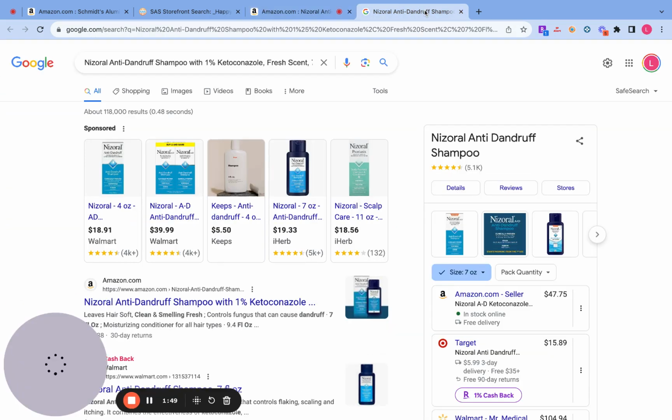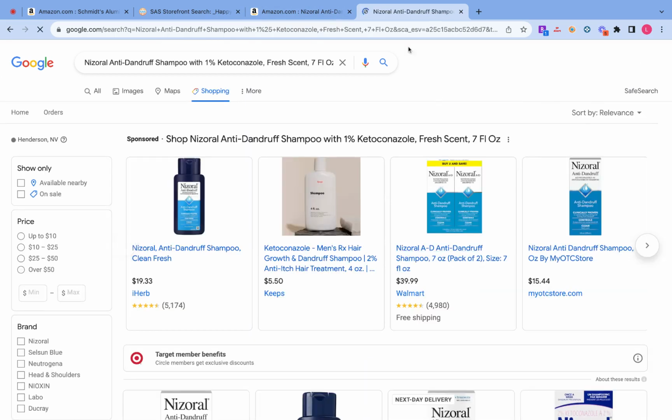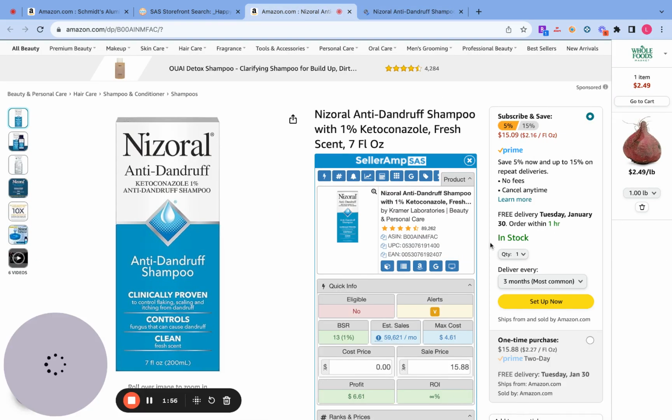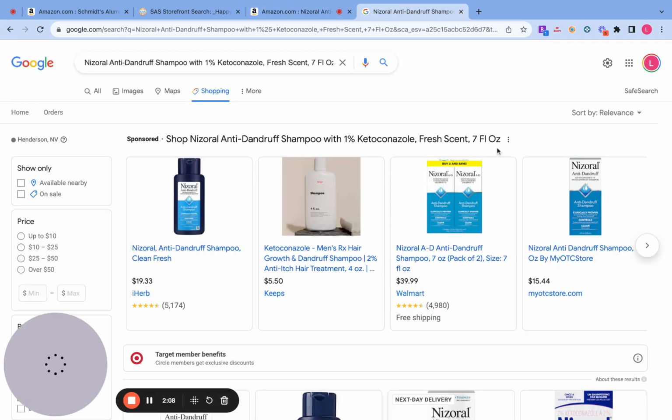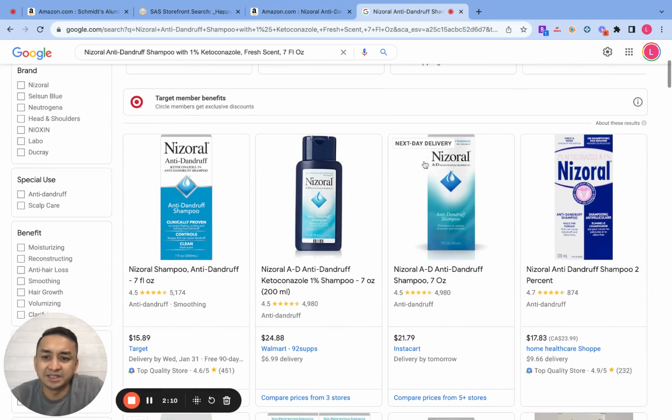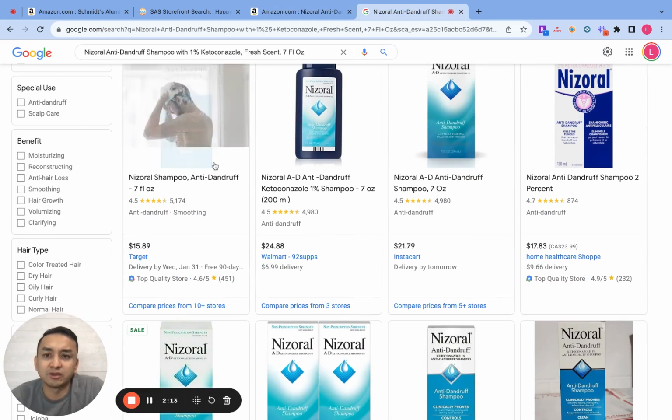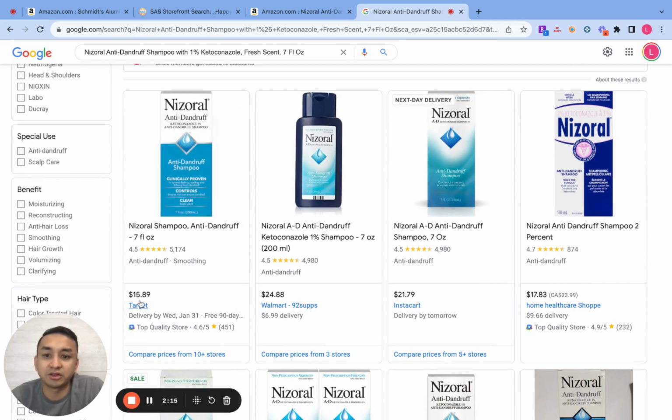So for this one, I usually go to Google Shopping, and then I look at the max cost of the product, meaning the max cost of the product from your supplier's website to match the ROI and profit that you prefer, right? And that makes it easier. So I start looking at the product, and then I look at the numbers.